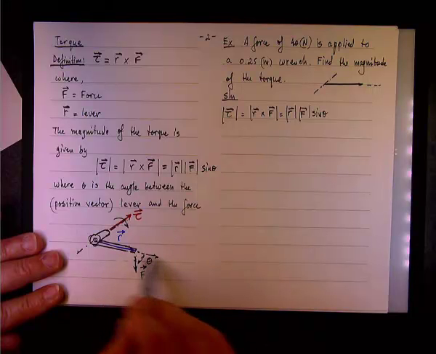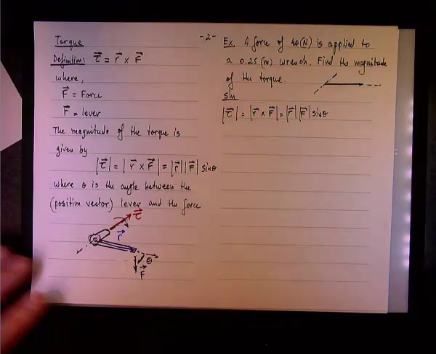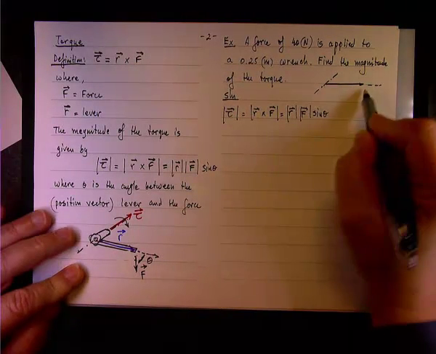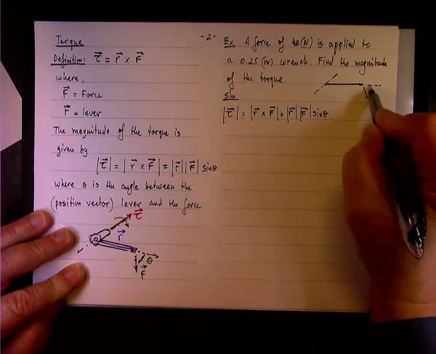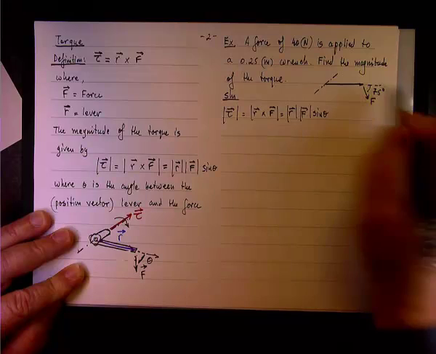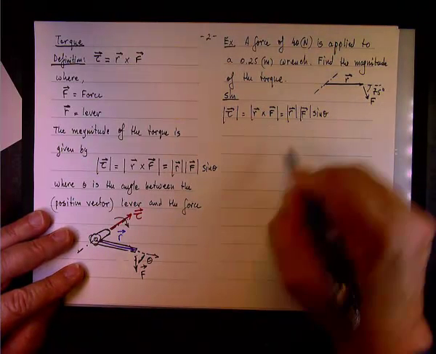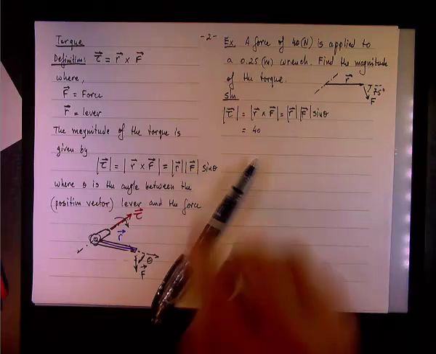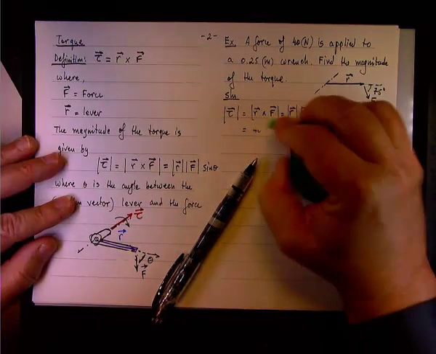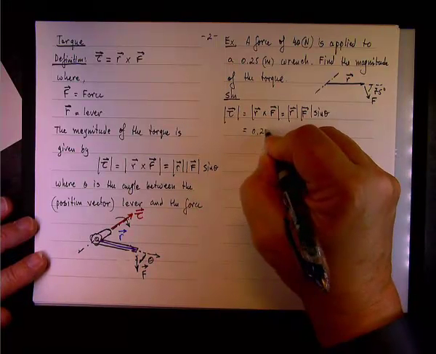We measure the angle between R and F like so. The direction of R is in this direction. So this is the angle theta. So the angle here is 75 degrees.